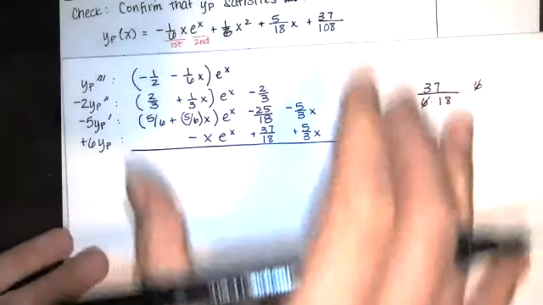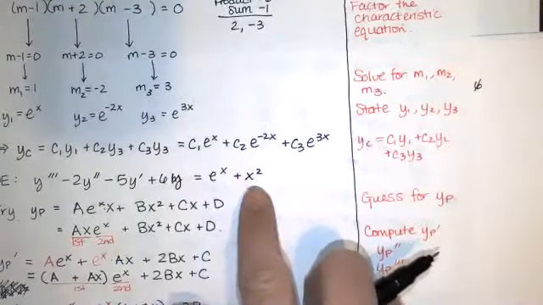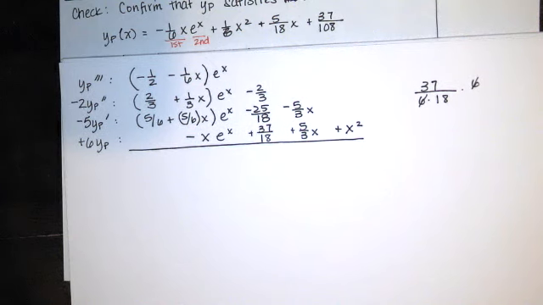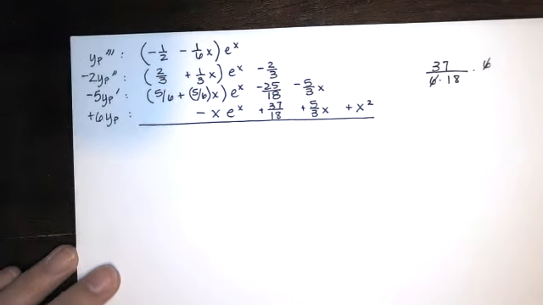Okay, now here's hoping that all of my arithmetic is correct, and when I'm done, I get e to the x plus x squared. If I do, that means that the entire method was correct. It led to the right answer, and I didn't make any mistakes when I was finding the coefficients or checking my answer. So let's see if we get what we're supposed to get.